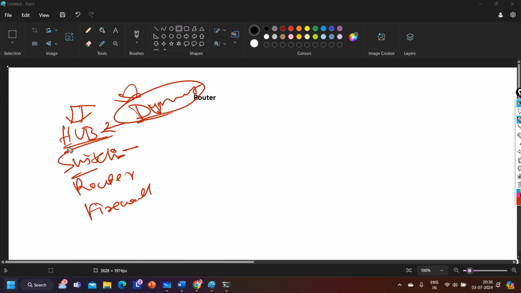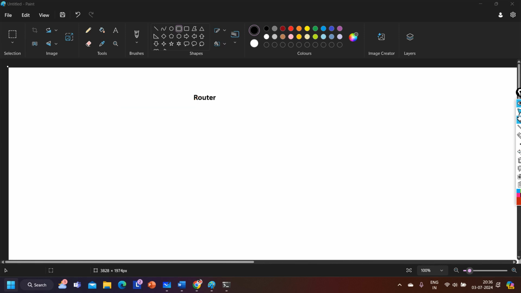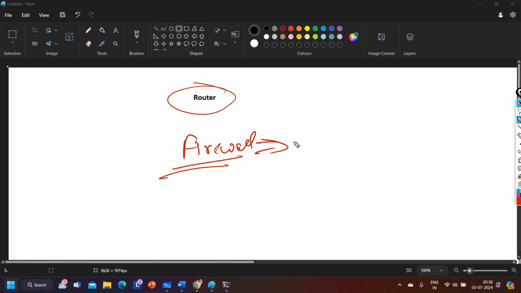Is it clear guys to all? Okay. Yeah, router is a layer 3 device. And firewall, you tell me. Few people are saying it is a layer 3, layer 4, and layer 5 device. Few are saying layer 4 device.